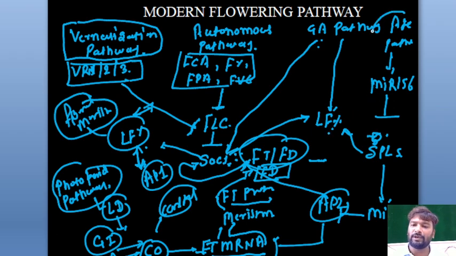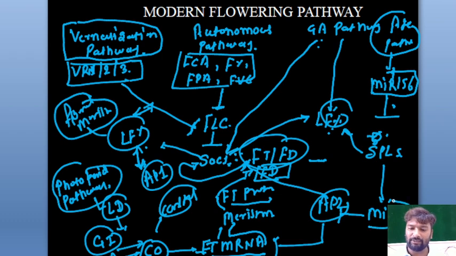Then there is one pathway, that is the age pathway, which activates the microRNA 156, which inhibits the SPL genes, and these SPL genes activate the LEAFY genes, and also activate the microRNA 172, which inhibits the APETALA 2, which further reduces the SOC1 and inhibits the flowering process. So this is about the modern flowering pathway, which regulates flowering.